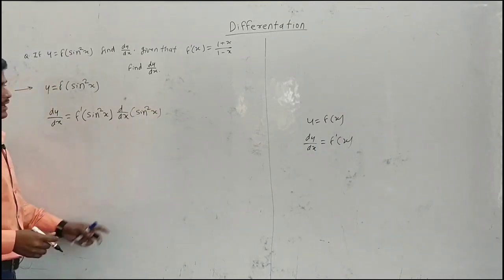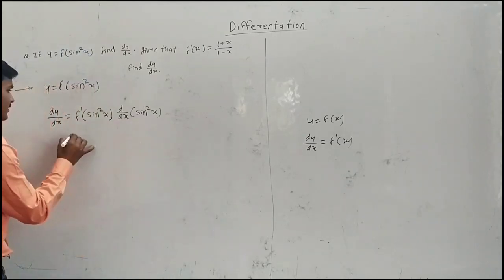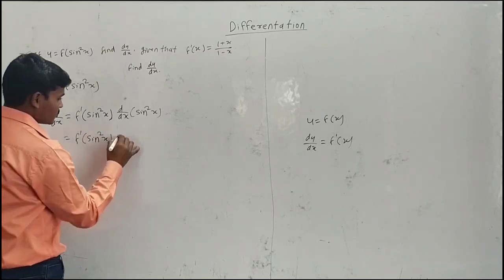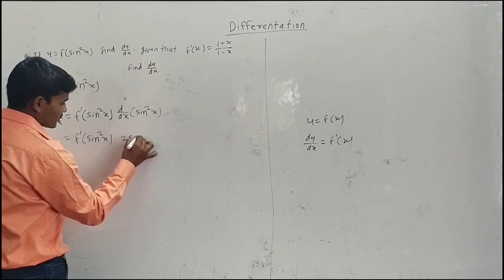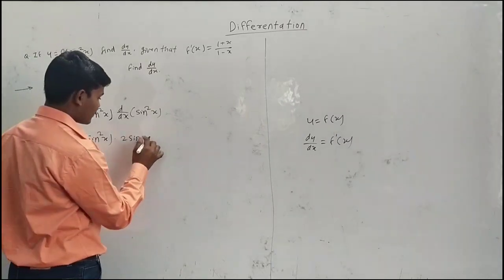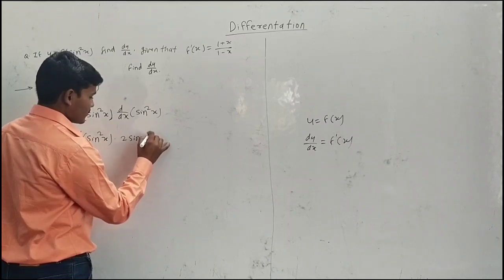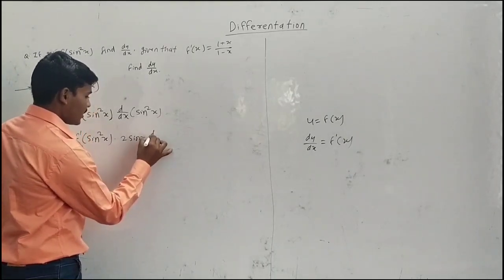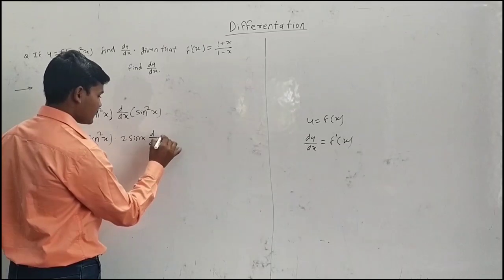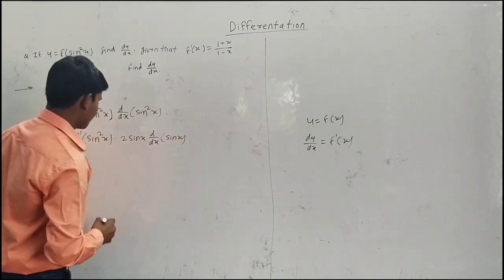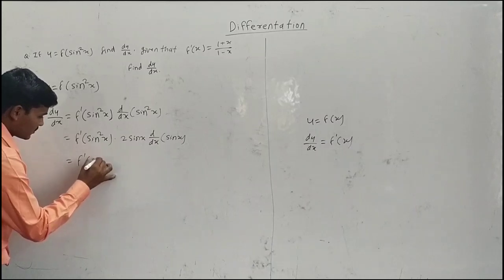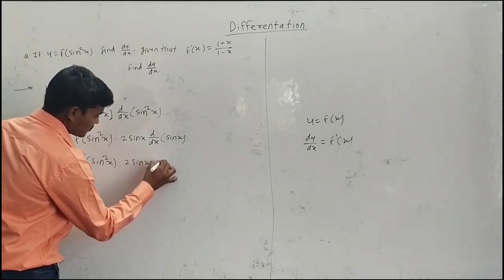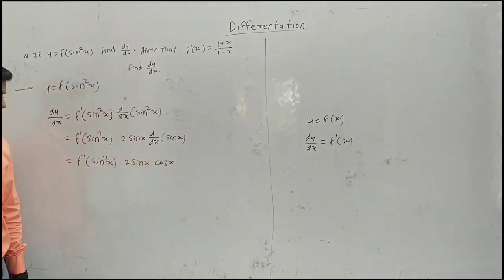Now here apply x raised to n, that is f dash of sine square x into 2 sin x, but sin x is also not the standard function, so again differentiate sin x: f dash of sine square x into 2 sin x into cos x.